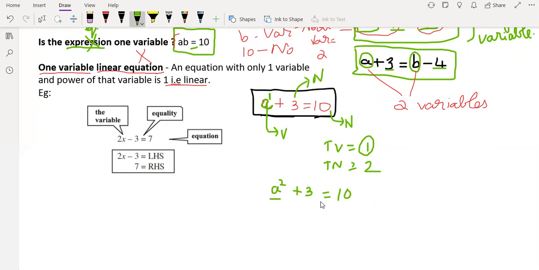This is also having only one variable. So what is the power here? The power of that only variable that is present is 2. So that time it is called an equation with one variable with quadratic power. That time it is called a quadratic equation. The power should be equal to 1, so that time it is called a linear equation.